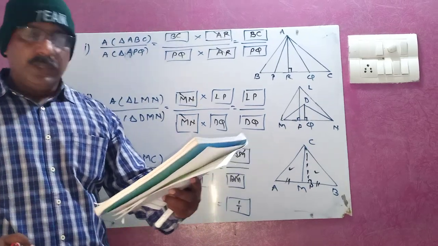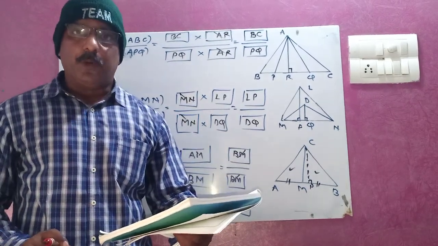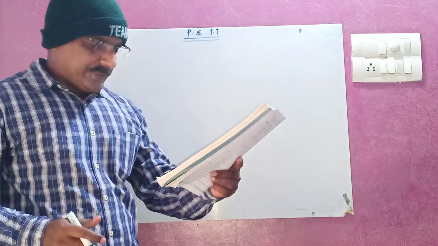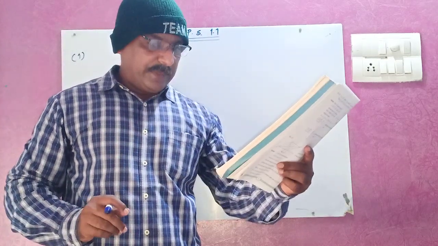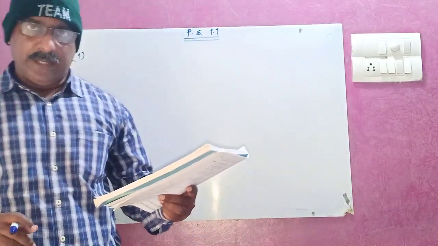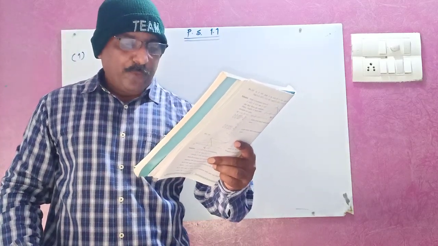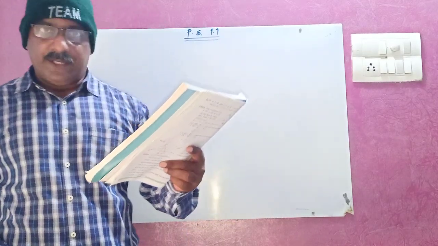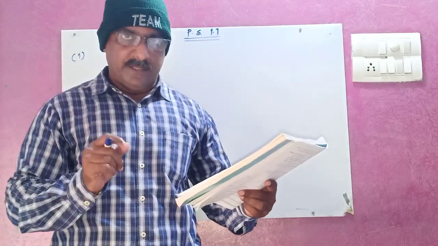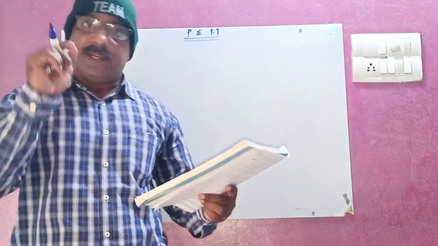Now I will do exercise 1.1. Children, see on page number 5, practice set 1.1. Question number 1: Base of a triangle is 9. Base of a triangle means what? Base of the first triangle.